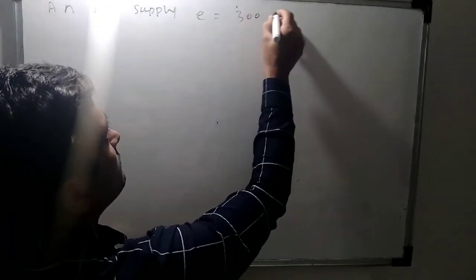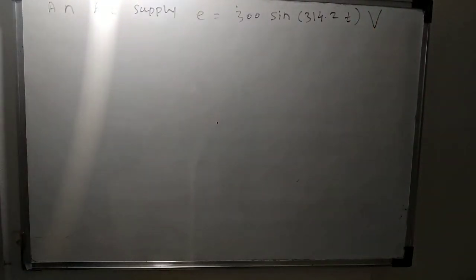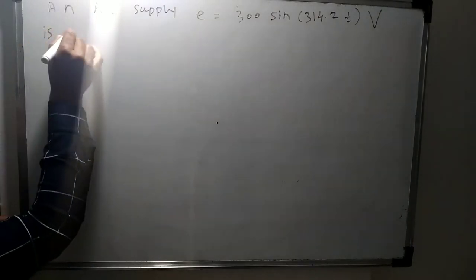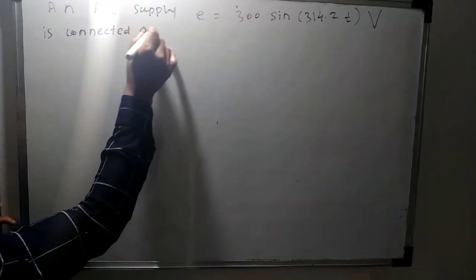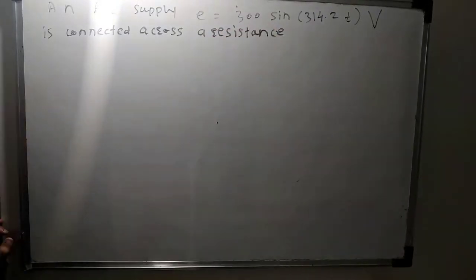Now the next question is, an AC supply E is equal to 300 sine 314.2 t volt is connected across a resistance of 30 ohm.